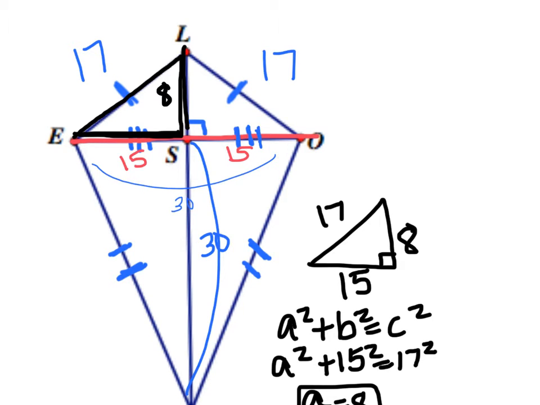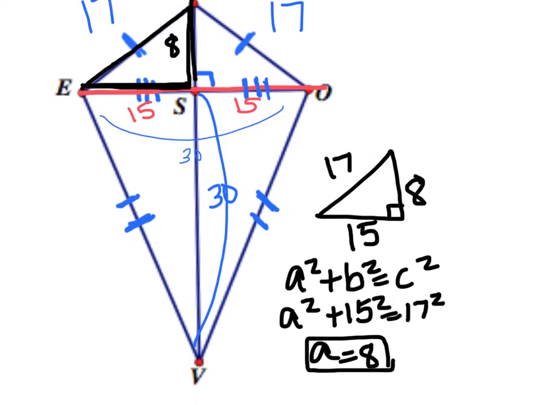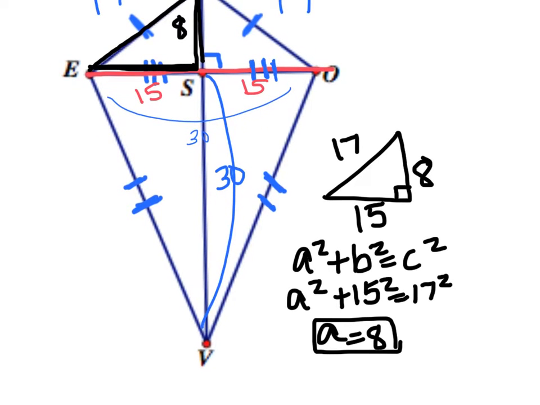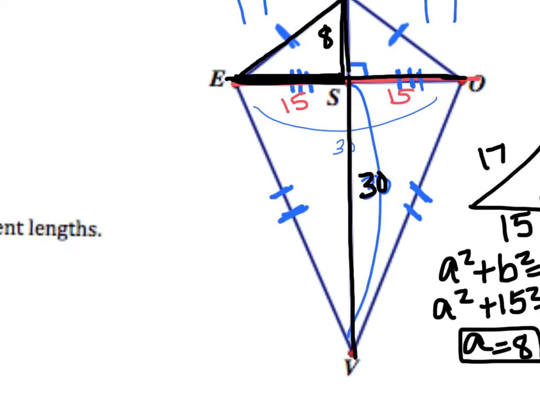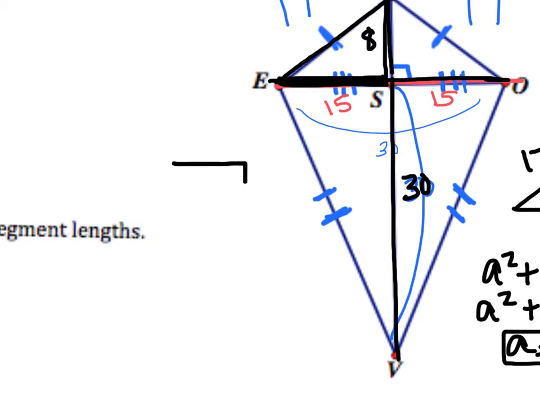Now I've got two other sides I need to figure out. Looking at this bottom half of the kite, I know that SV is 30. And now that I know that one of the other sides of the triangle is 15, I've got a triangle that I'll draw off to the side over here.